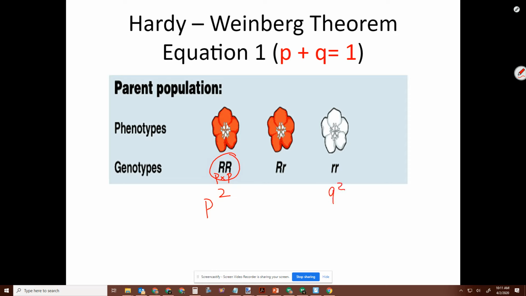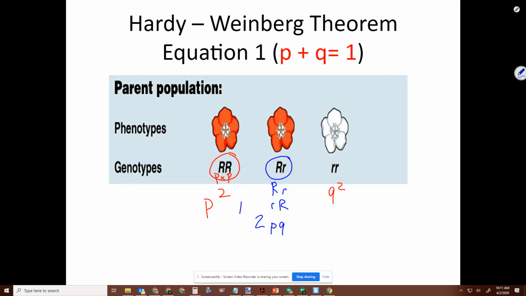What if we wanted to know the percentage of heterozygous? Well, this one's a little trickier, because how many combinations between these two alleles are there? There's big R, little r, but there's also little r, big R. So there's 2 different combinations there, and so we would say that this one is 2PQ.